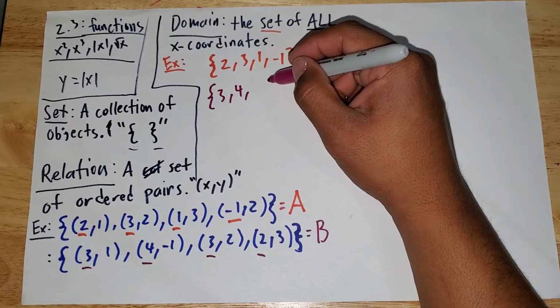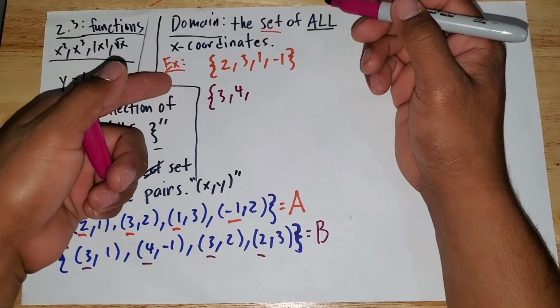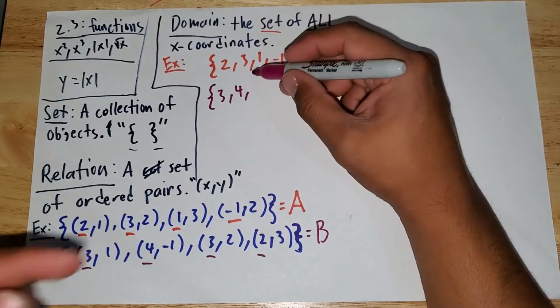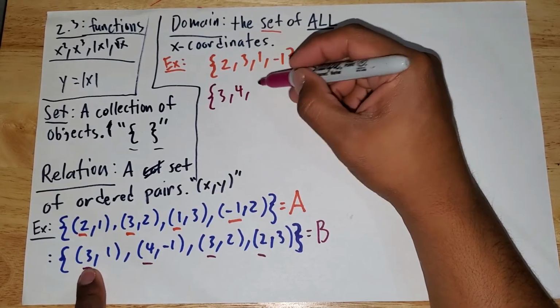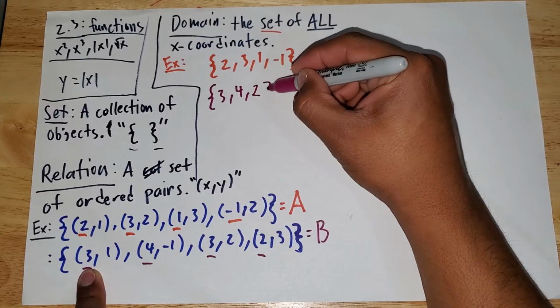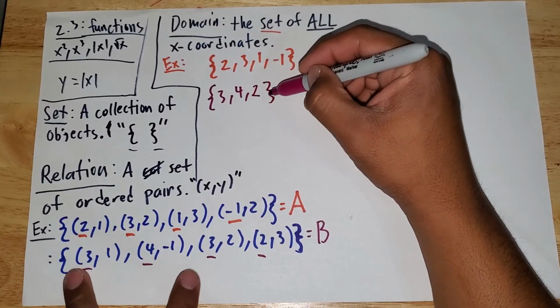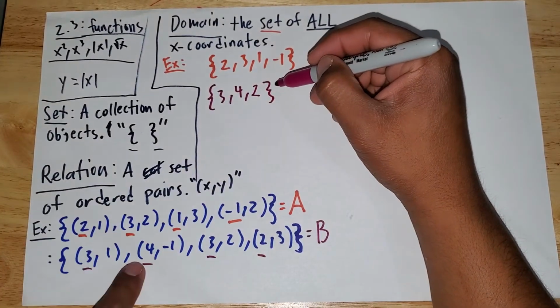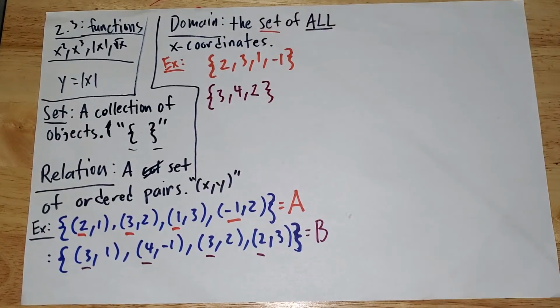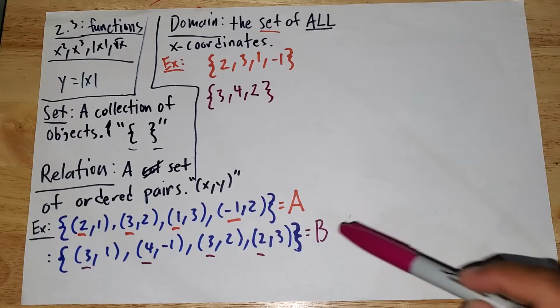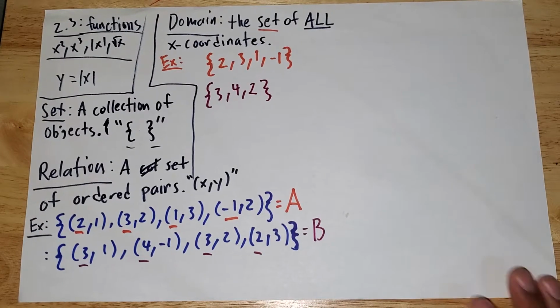For a relation, you're not going to repeat an ordered pair. For a domain, you're not going to repeat an x coordinate. So if there's already a 3 in your set, I'm not going to write 3 again. I'm just going to write 2, because this 3 is being taken care of by that one. Then I have 4, and then I have my 2. That's the domain of my relation B.